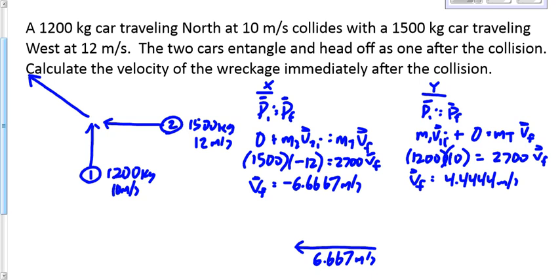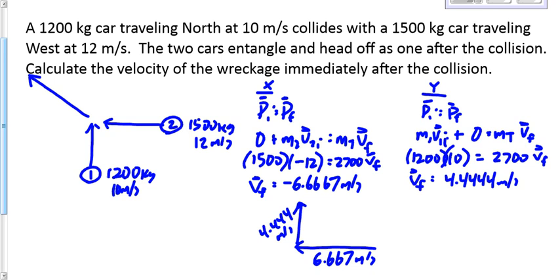It's negative, right? 4.44 is positive. It's positive, so it's up. You guys learned in physics 20 that you always draw vectors head to tail, right? So you never draw it like this. Okay, you got to draw head to tail, not tail to tail.